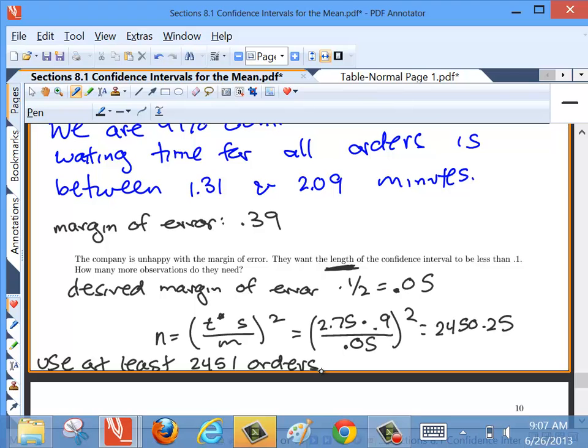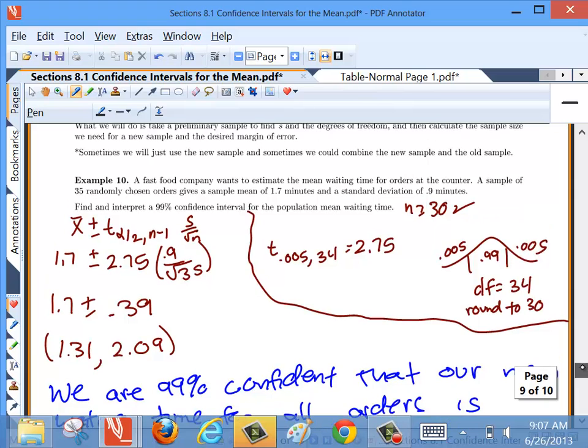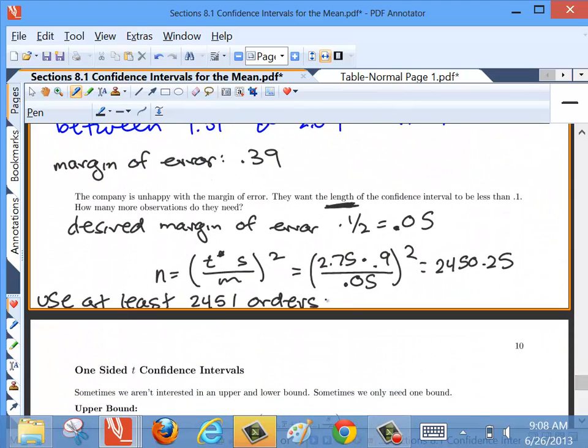Now in this situation, because I just asked how many more observations do they need, they already had 35 observations. So 2,451 minus 35 is 2,416 more. So if you already have that data from the first sample, why not just include it in your total? So, any questions here?